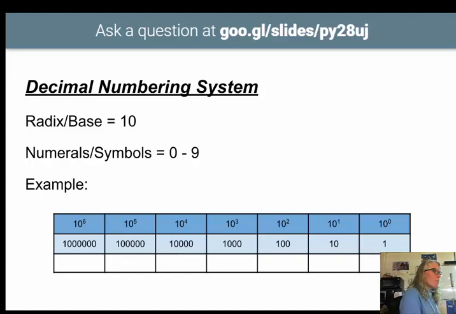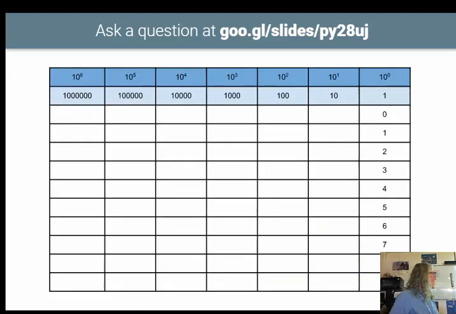Does everybody understand what I just said? And these are the values for those positions because of positional notation and exponents. So when we count in decimal, we always start with 0. And we always start with the furthest position to the right, the one right next to the decimal point.